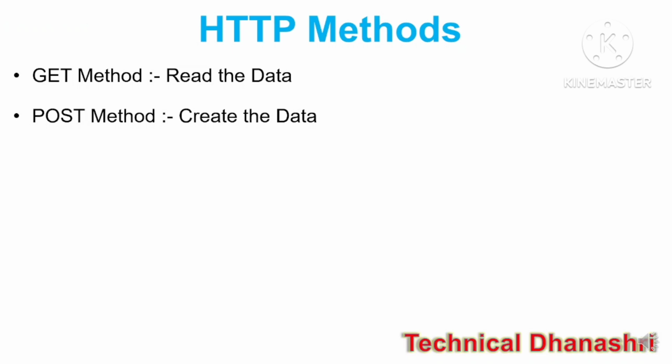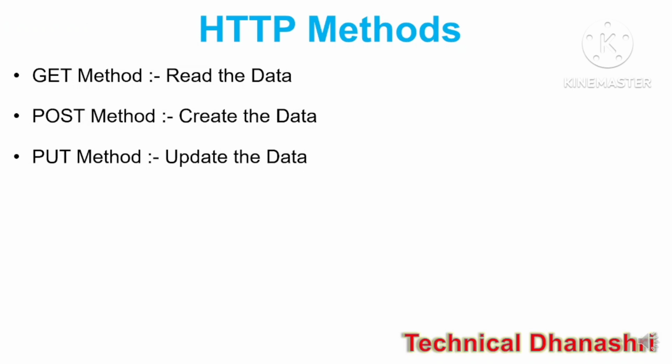So the next one is the PUT HTTP method. We use the PUT HTTP method for updating the resource. Let's take an example of the Facebook application. In that application you provided your first name, last name, mobile number, gender, and you want to update your mobile number. In that case you have to provide a request URL, request header, request method, and request body.